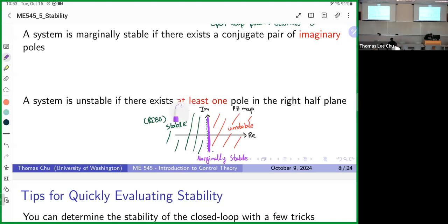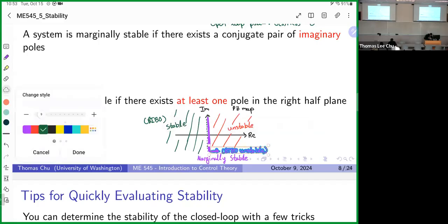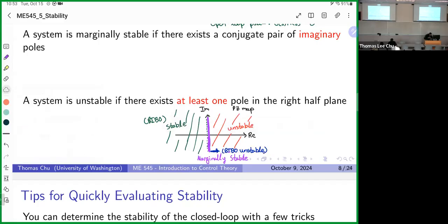And to drive home the point, anything on the imaginary axis and to the right is also bounded input, bounded output unstable. Perhaps I'll just do a different color. Yeah, I'll do blue.